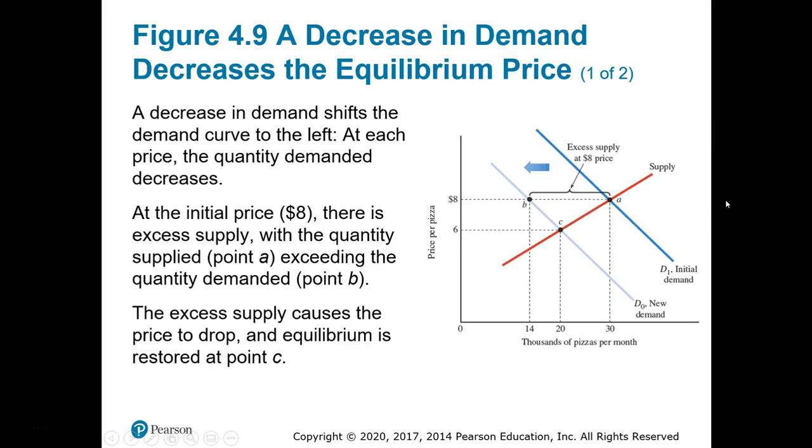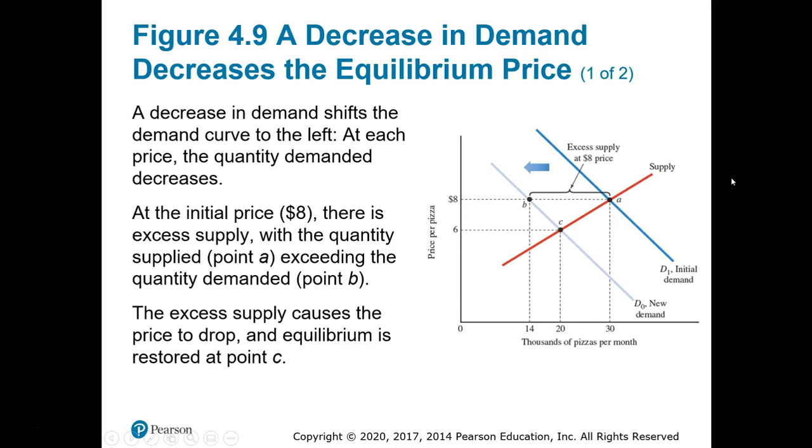A decrease in demand shifts the demand curve to the left. At each price, the quantity demanded is going to decrease. So if we're back at our $8, there is an excess in supply, which exceeds the quantity demanded. So from A to B, excess supply, we know that excess in supplies drop the price. You got too much, you're going to have to bow to my demand.